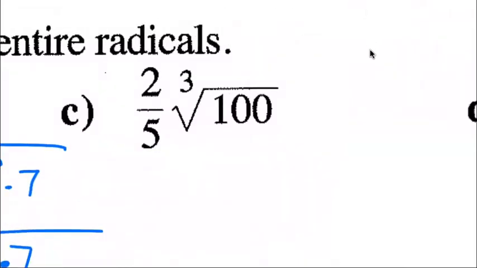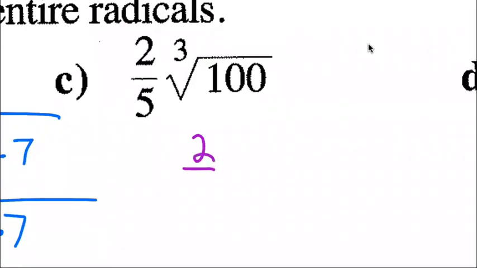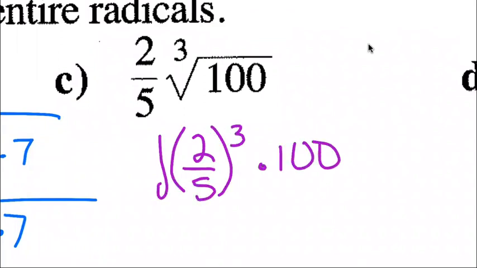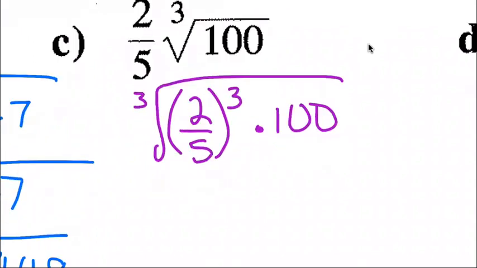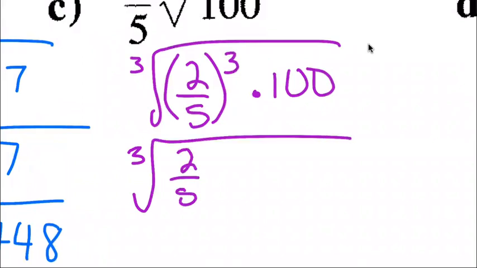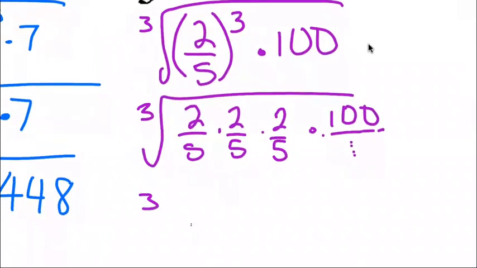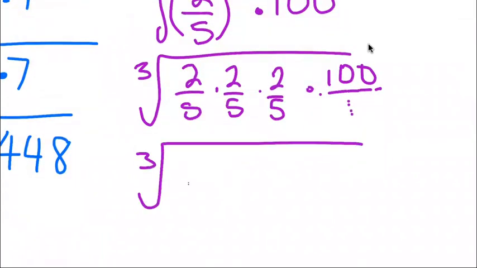Question C. Again, we're going to put this 2 over 5 cubed times 100 back into our radical. We're going to expand the 2 over 5. 2 over 5 times 2 over 5 times 2 over 5 times 100, technically over 1, which is going to give me 2 times 2 is 4 times 2 is 8, 800 over 5 times 5 times 5, 125.